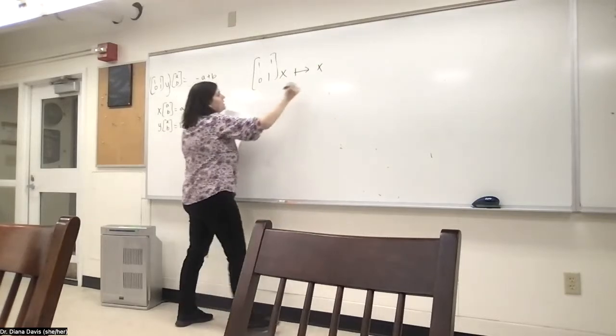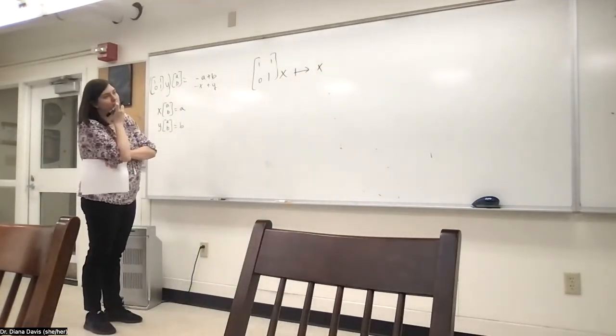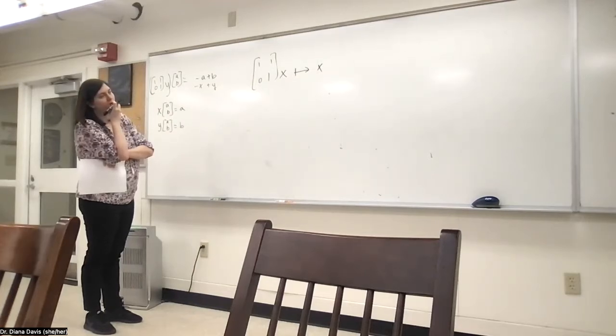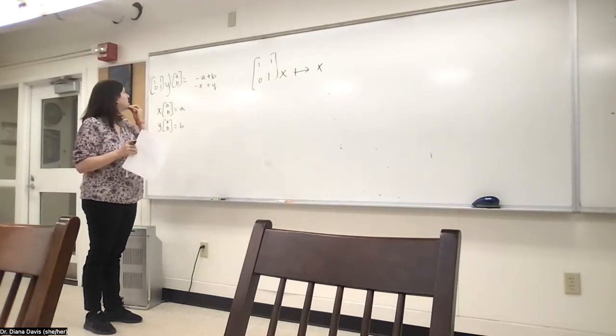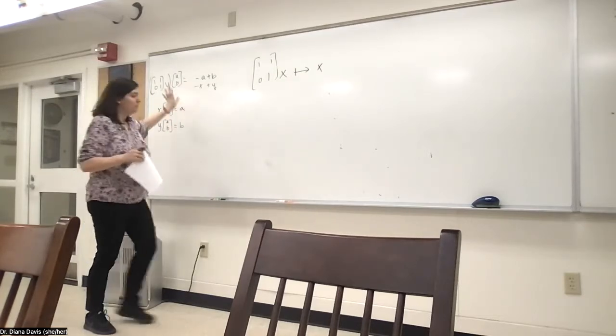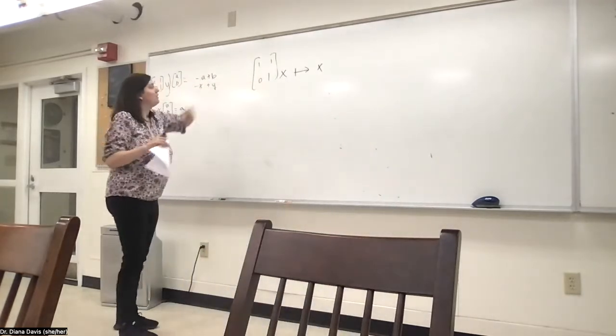Oh, I know what I did wrong. Yeah, okay, so I was doing something weird, and I don't know what it was. I apparently was working with the ones down here for some reason.